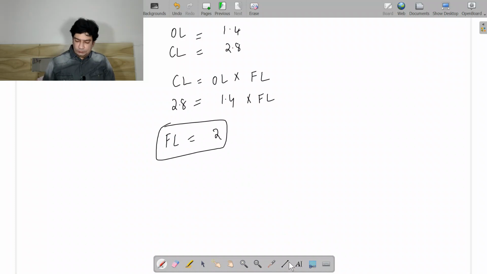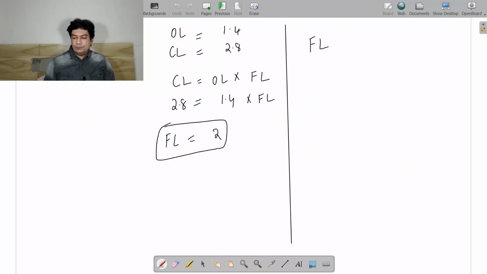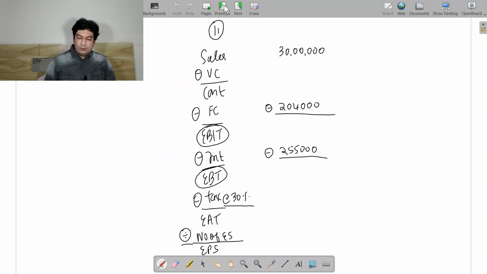Now we will use the formula for financial leverage. The formula for financial leverage is EBIT divided by EBT. Now I don't know EBIT, I don't know EBT. EBT is nothing but EBIT minus the interest.